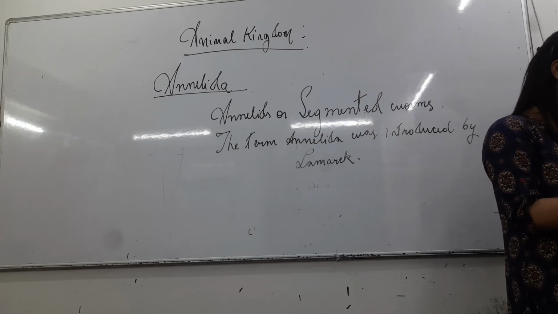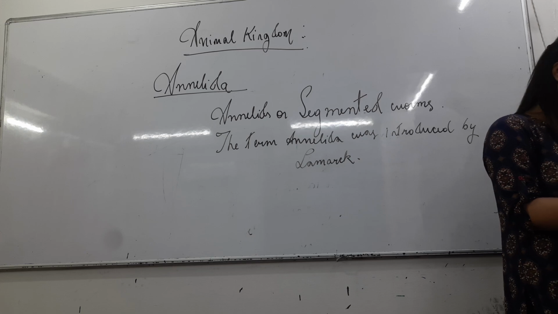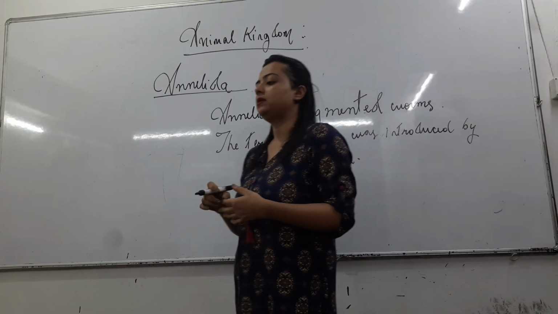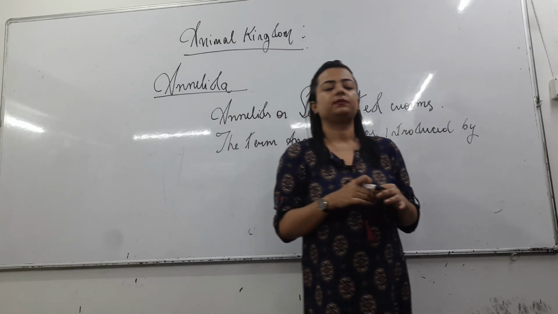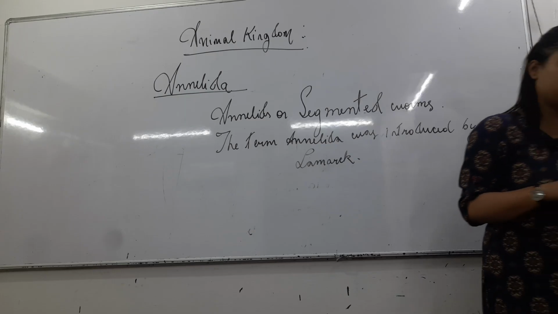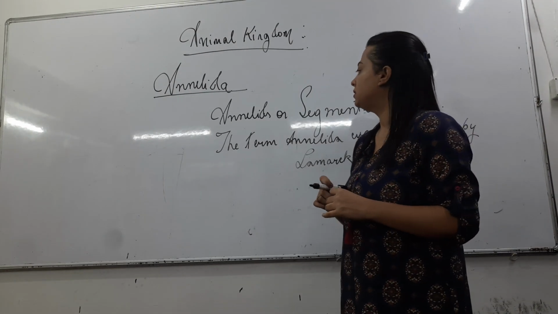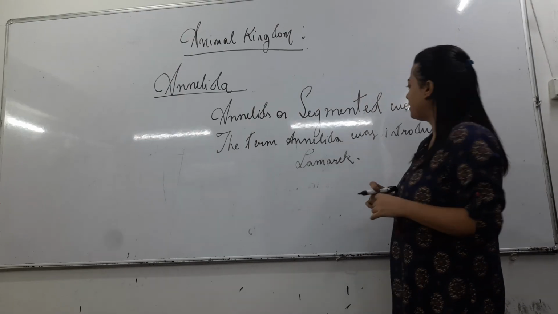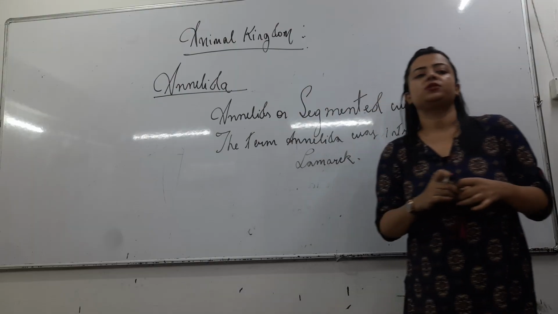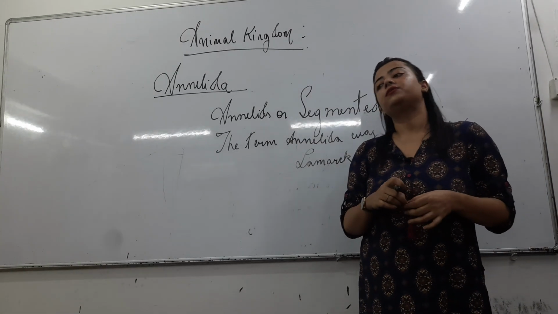Now the subtopic, you write: important characteristics. The last point, the term Annelida was introduced by Lamarck. That's a key question. There are about 9,000 species in this phylum, which is known today. Okay. Now you write down the important characteristics.